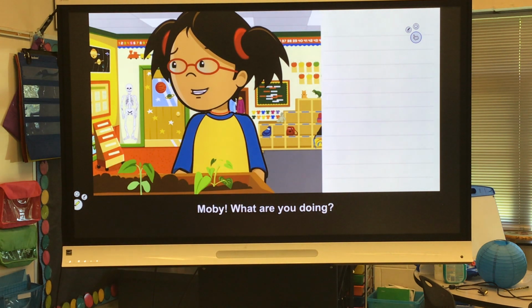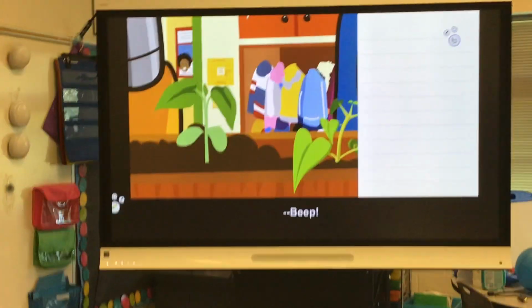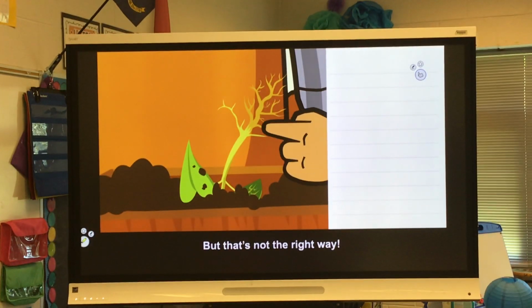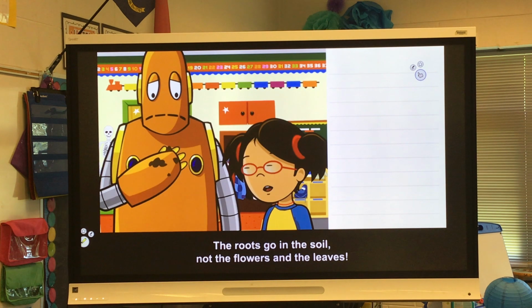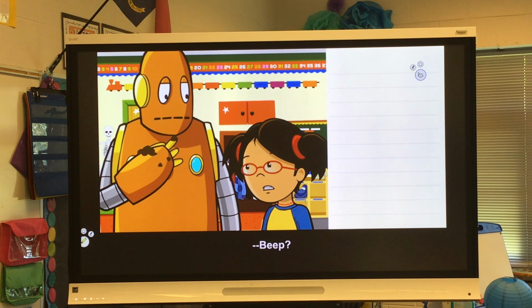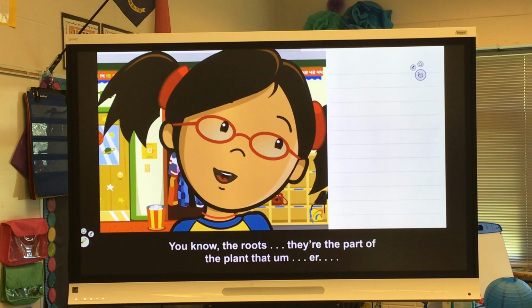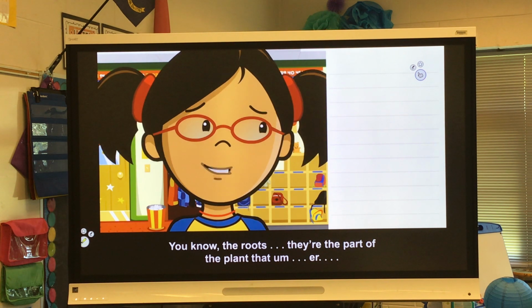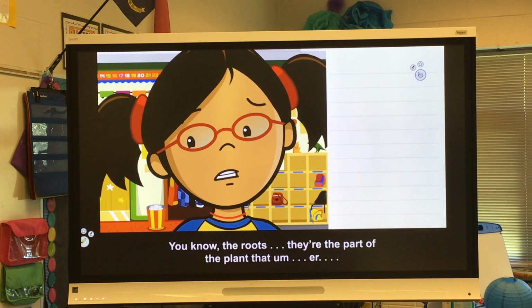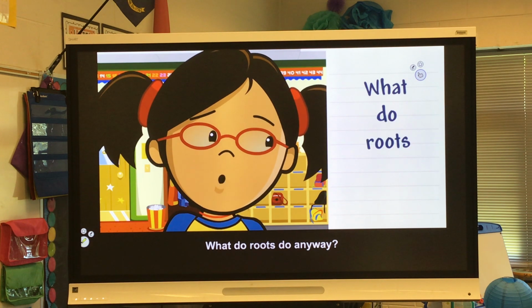What are you doing? But that's not the right way. The roots go in the soil, not the flowers and the leaves. You know, the roots. They're the part of the plant that, what do roots do anyway?